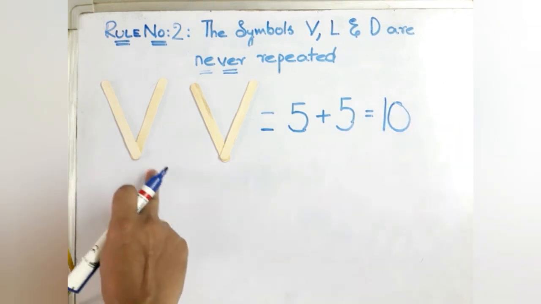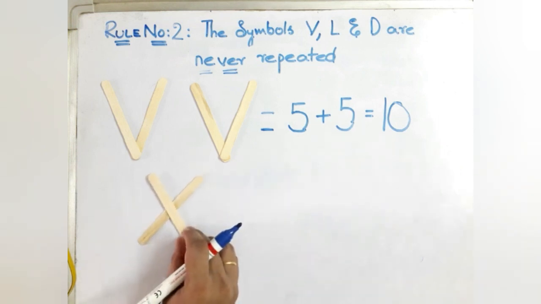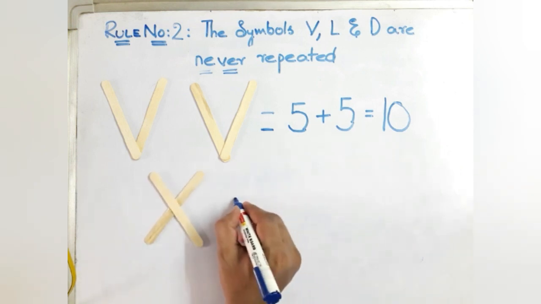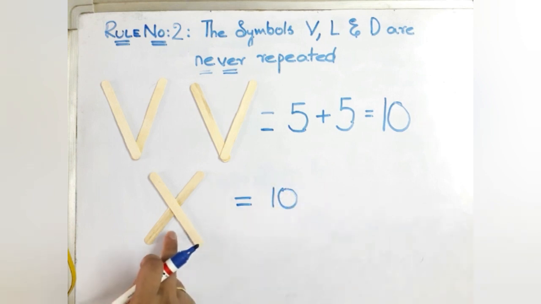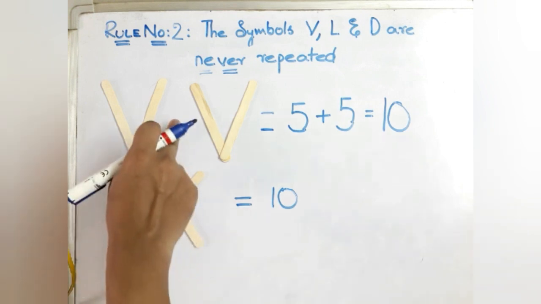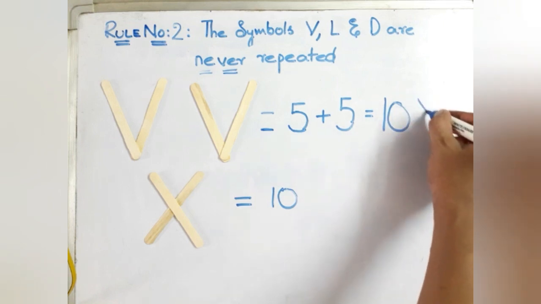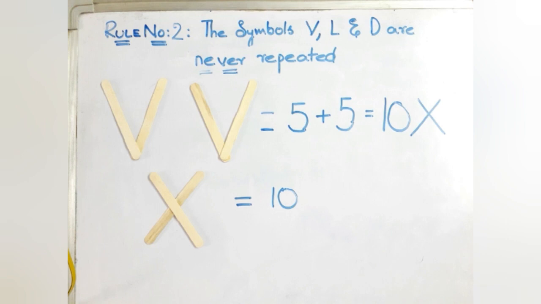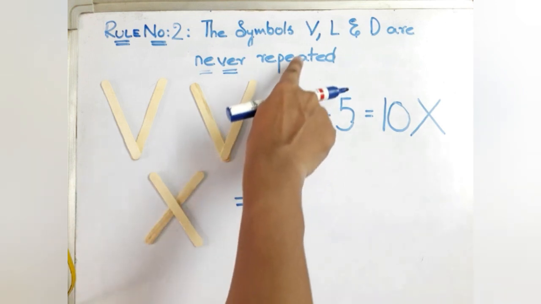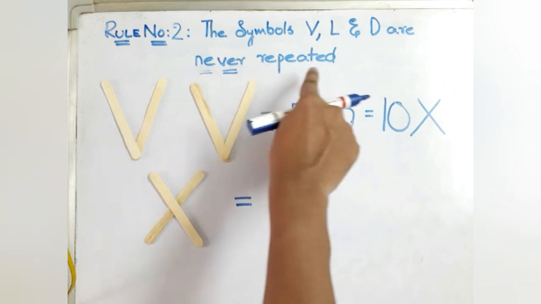But if V V is going to be 10, then what will be the value of X? As you know, X is already 10. So, as we already have a symbol to represent 10 as X, using V and V as 10 is wrong. This type of representation is not required as we already have X. Hence, the symbols V, L and D are never repeated.